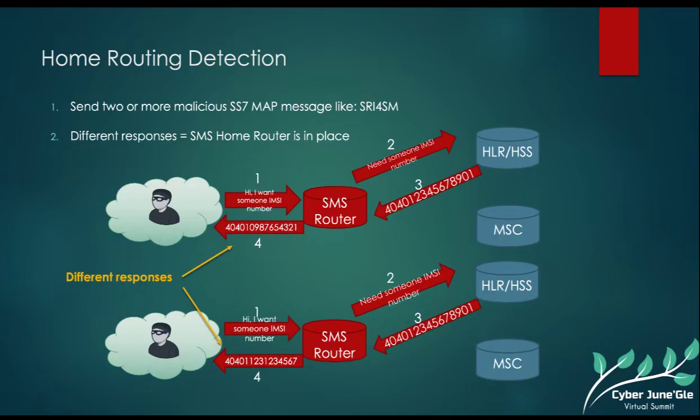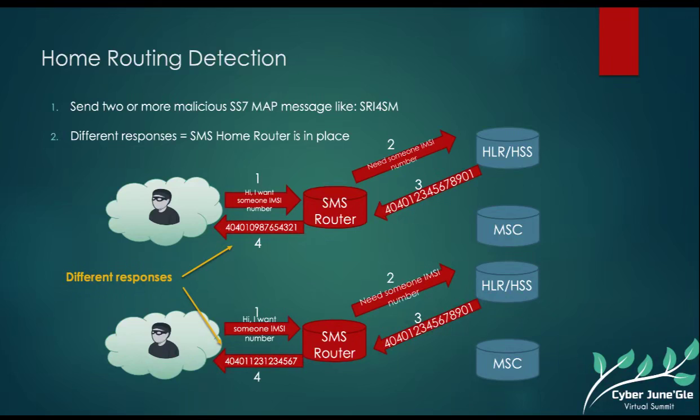As you can see, we have two different attempts here. In the first one, a hacker tried to send a malicious SS7 request to the core network, and the SMS router responded with a number. So the hacker retrieved a number as the IMSI.